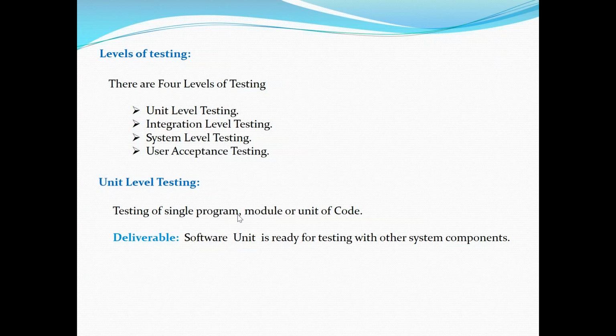But if the developer never checks how his code is working and sends it directly to the QA, in real scenarios we will get a lot of issues, because he might have missed some syntax errors or lost some logic. That's the reason the developer should always do unit testing.